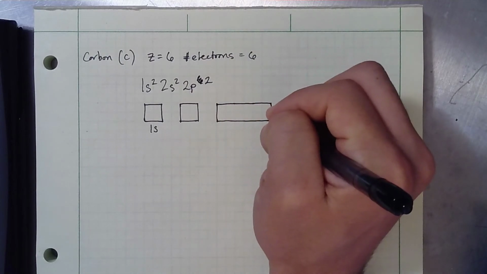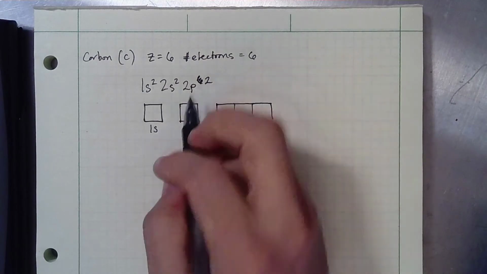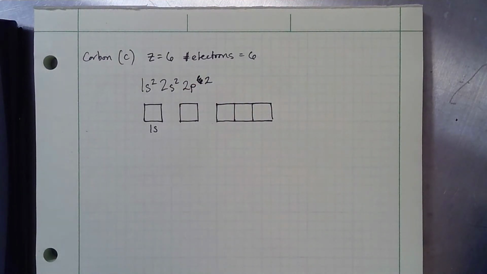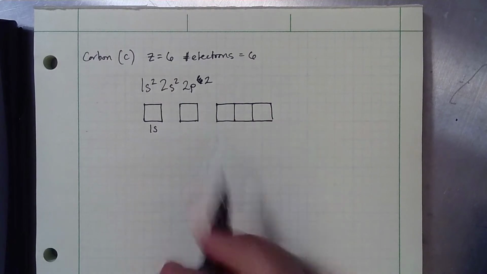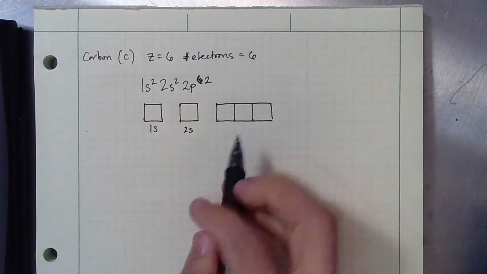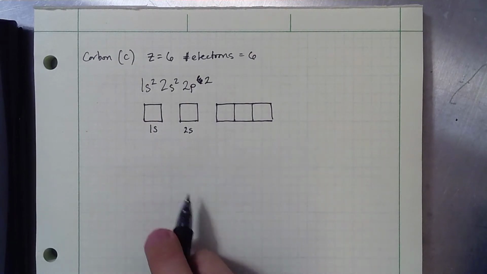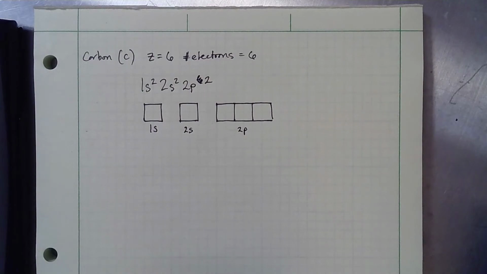And as I explained in the notes portion of the video, the p orbitals actually are made up of 3 different orientations of orbitals. So there's 3 different boxes. That's why p orbitals can in total hold up to 6 electrons. Okay, so these all represent the 2p orbitals together.